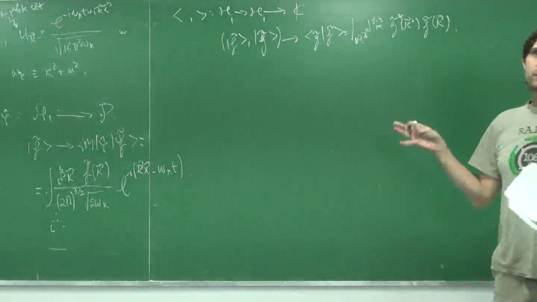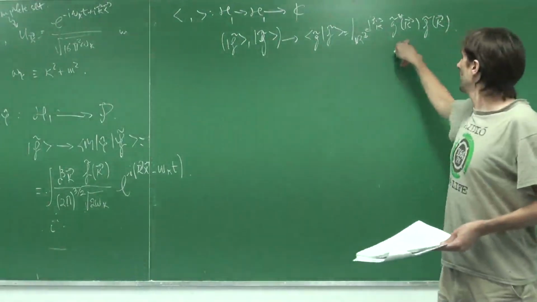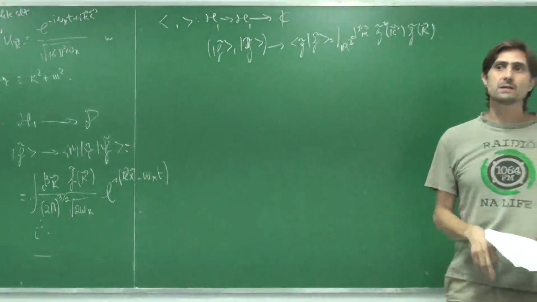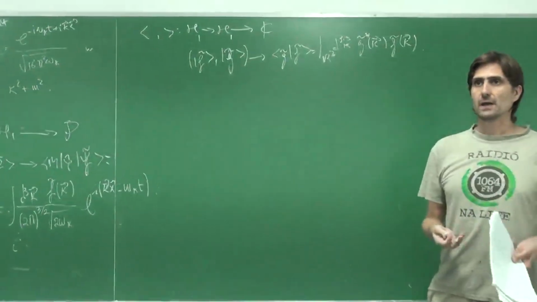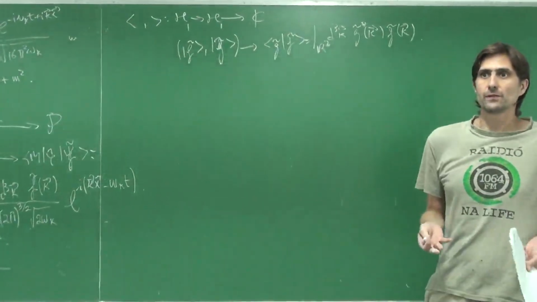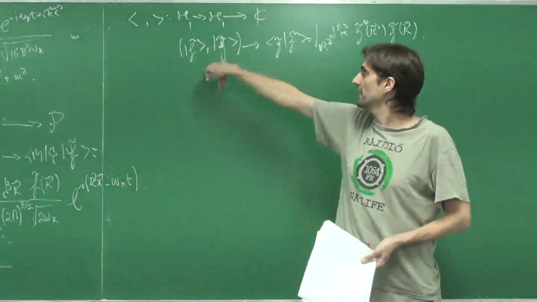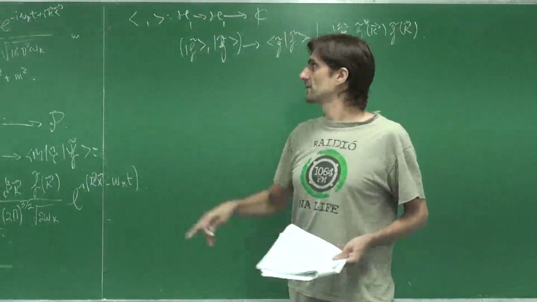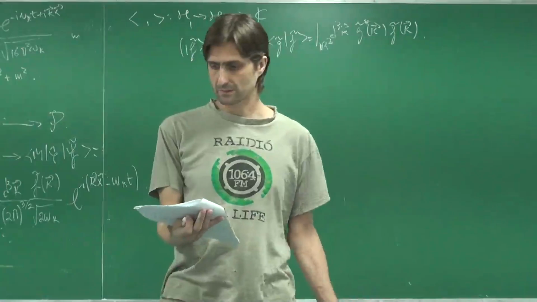Where, I gave this expression last week, the f_k's and g_k's are just the Fourier mode coefficients in the expressions of f and g in terms of the complete basis.